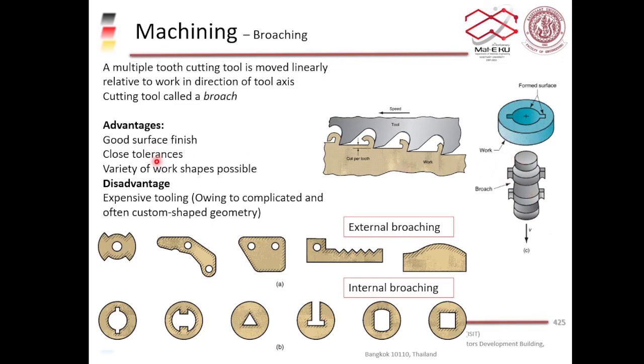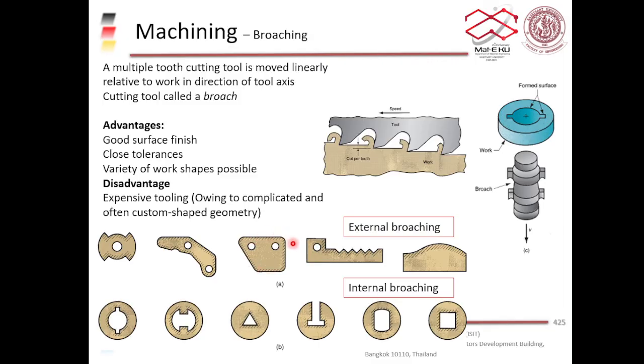Okay, so the advantages of broaching are that you have good surface finish because the cutting bits will just cut the surface and leave you a smooth surface. You have good tolerance. You have a variety of work shapes possible. So you can have either external broaching, like the area that is sort of hashed, yeah, has been broached, right?